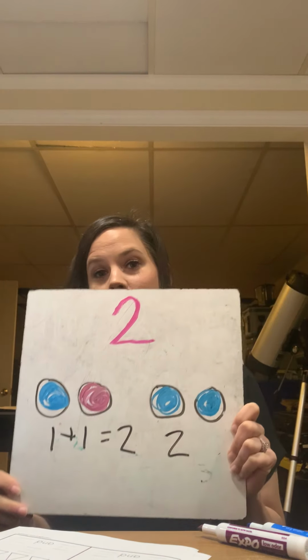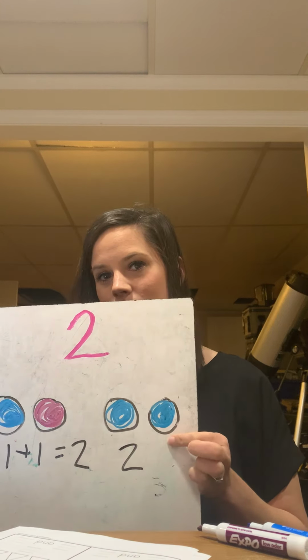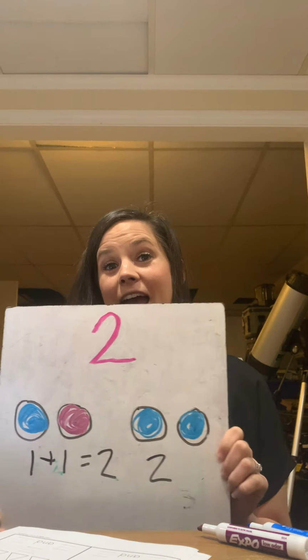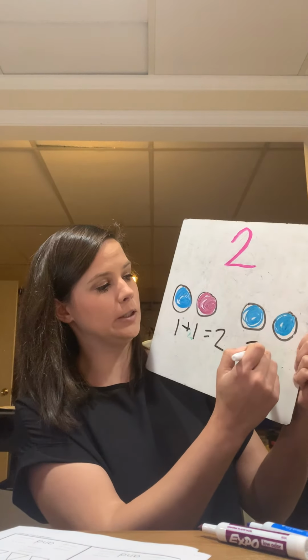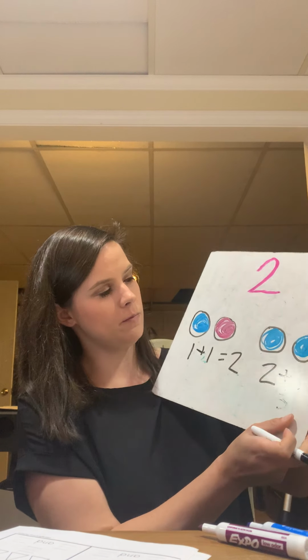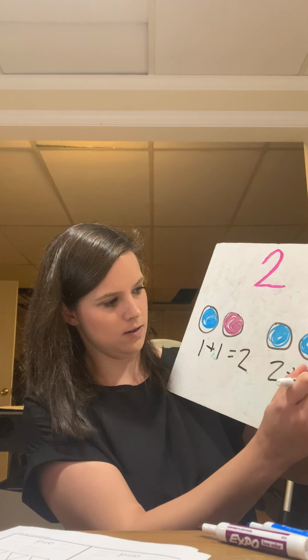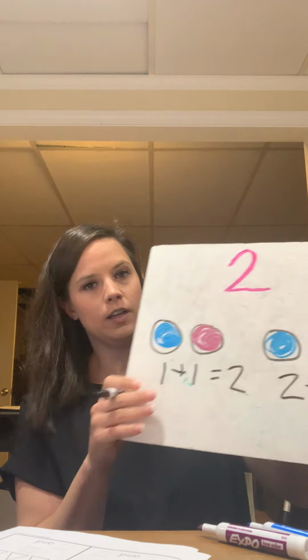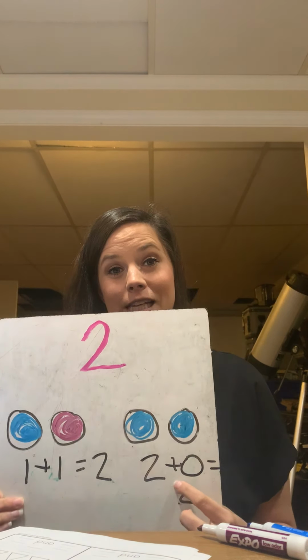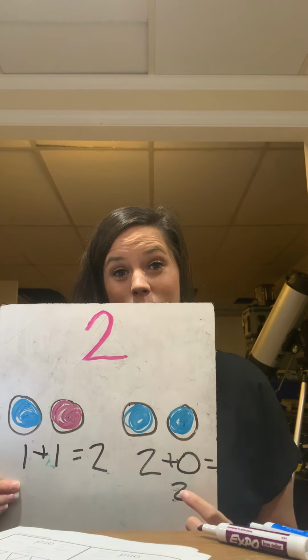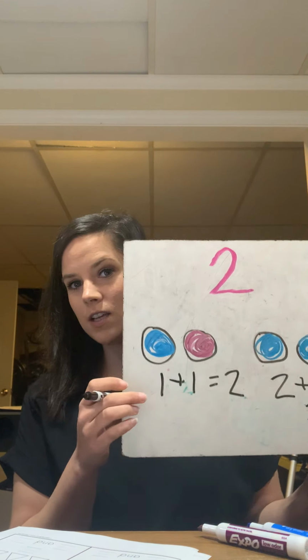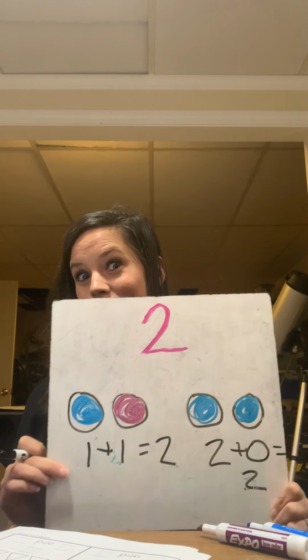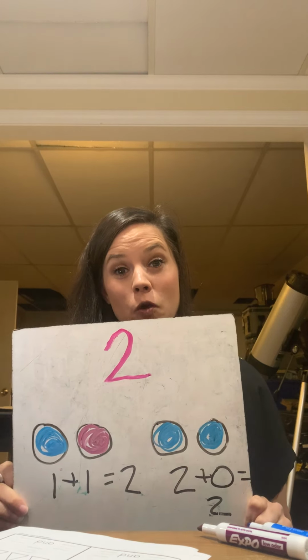How many do I have shaded purple? You see any purple? No. So we have 0 purple. Bear with me here. So 2 plus 0 equals 2. But also 1 plus 1 equals 2.